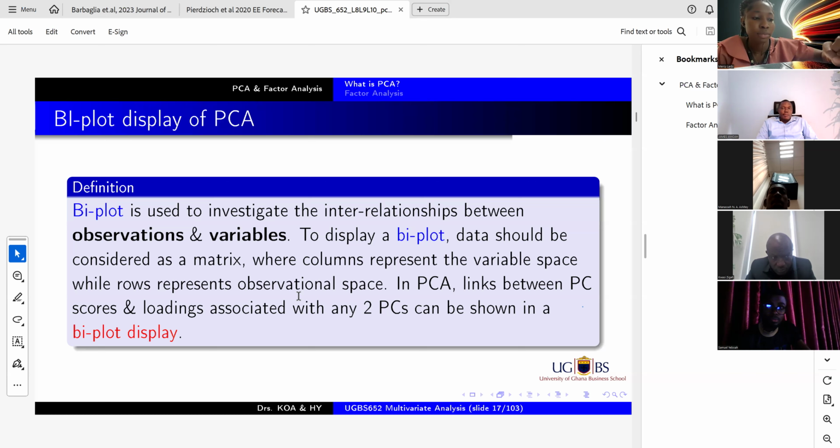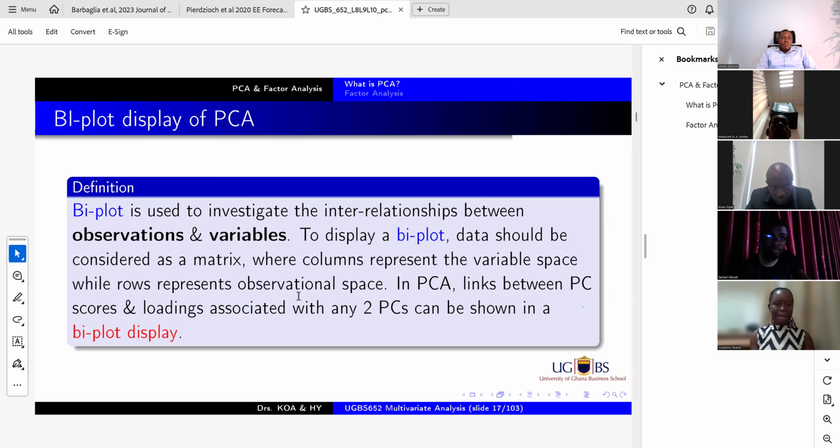Now, what a biplot does is that it links the principal component scores and the loadings, we call them factor loadings, with any of the 2 principal components that you see. And then it will display that. So you will see that some of the variables have grouped themselves with that principal component, while another kind of variables have grouped themselves with that principal component.